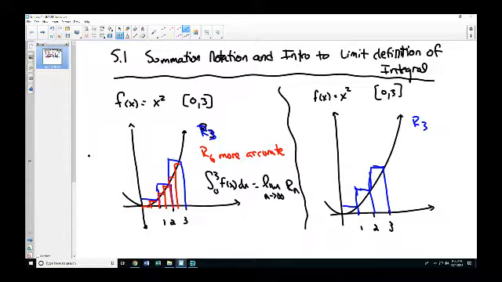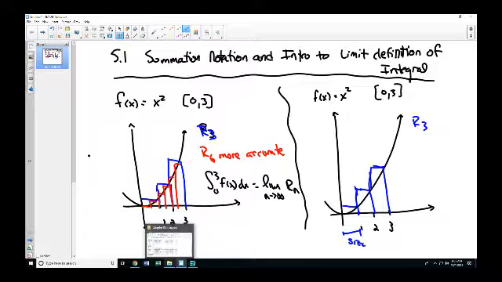Okay, so here's the other way to do this. These rectangles have a size. So what are we going to do to the size of that interval to get a perfect integral?